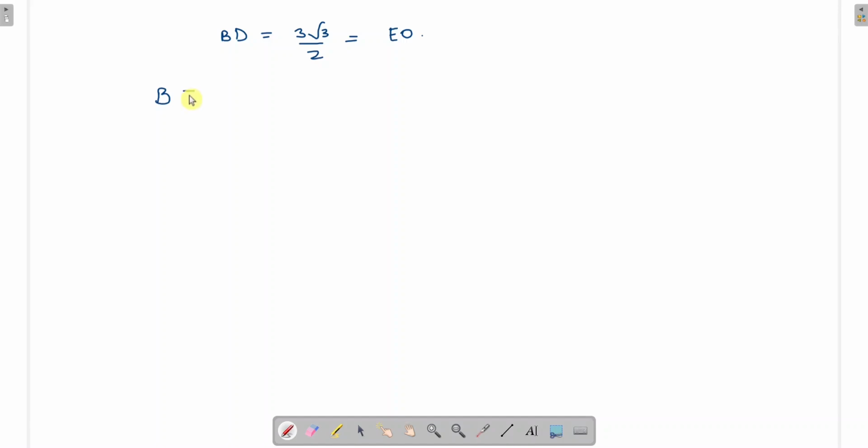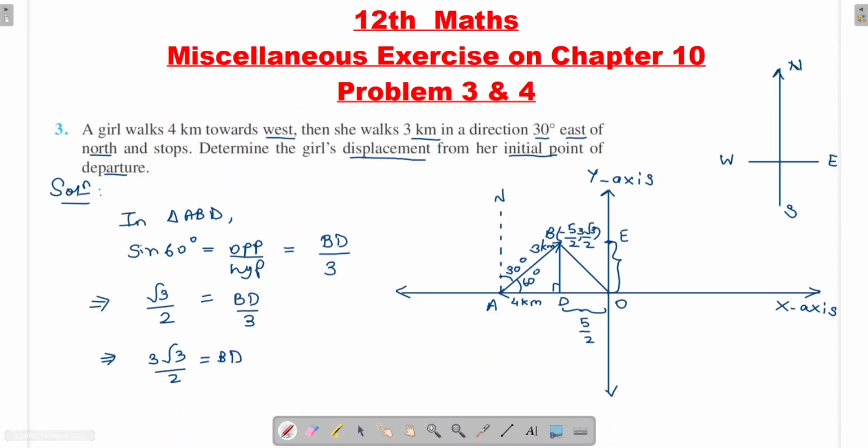So B is nothing but minus 5 by 2, comma 3 root 3 by 2. Okay, so now we can write the vector OB, right? We have to find the girl's displacement, right? So what we can do is just take this as the right hand side here.